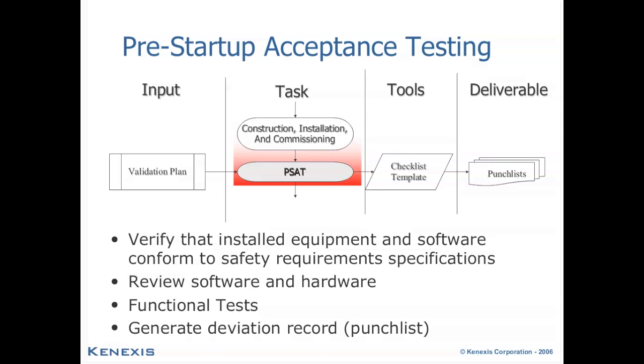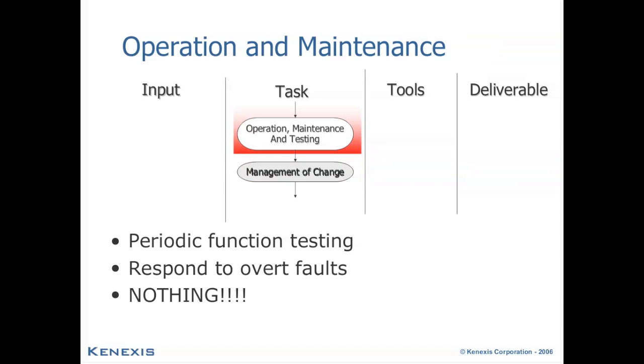At this point, any deviations from the expected behavior of the system can be recorded on a punch list for correction before the system is started up. Operations and maintenance is the next and hopefully the longest duration step in the safety life cycle, when periodic function testing is occurring.